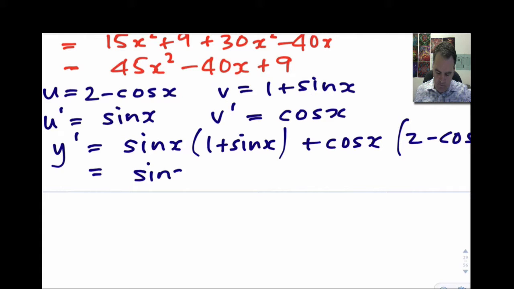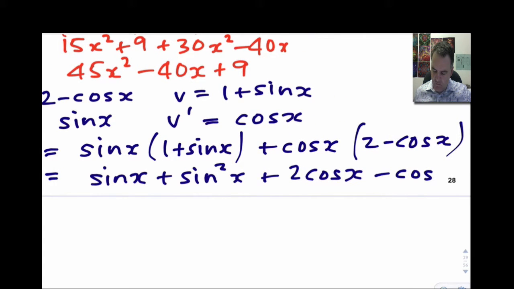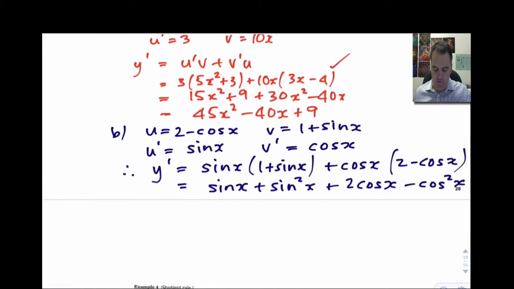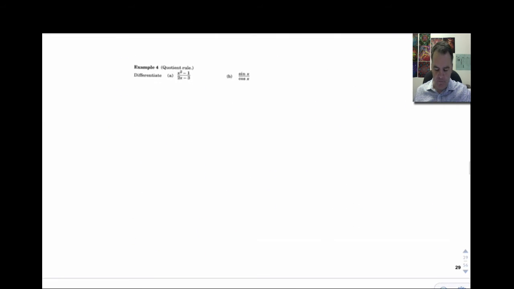Sin x plus sin squared x plus 2 cos x minus cos squared x. Now in this case here, nothing simplifies here. We could use some trig identities for sin squared minus cos squared. There is some stuff that we could do there, but I'm happy to leave it just like that. Just demonstrating how the product rule works. Okay, so that's the product rule with some trig examples.